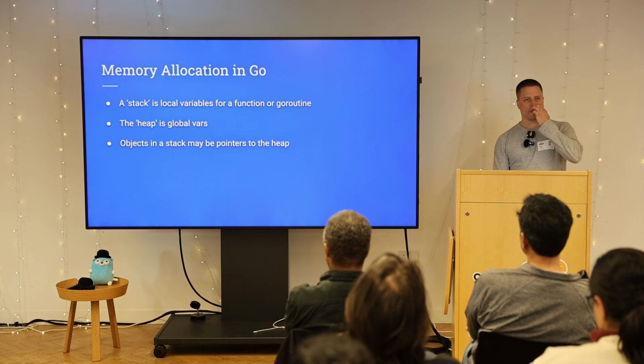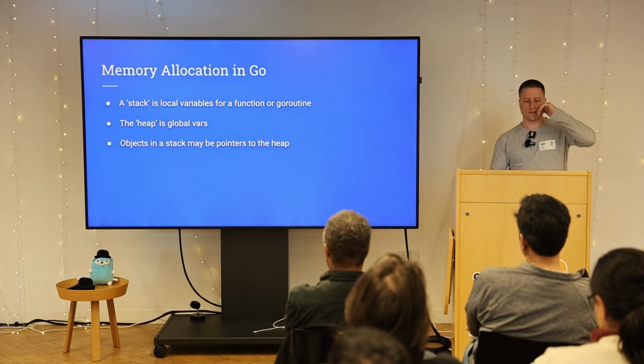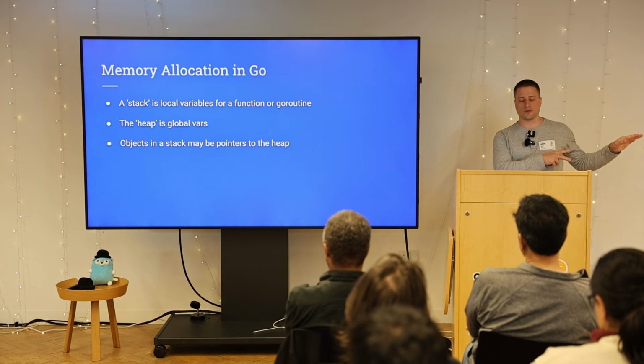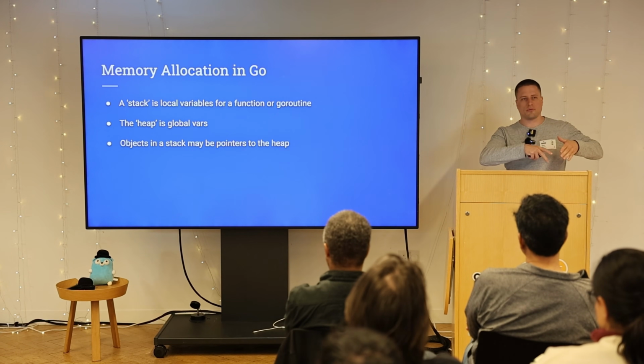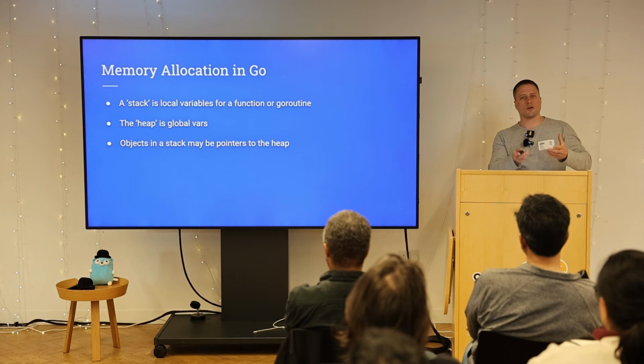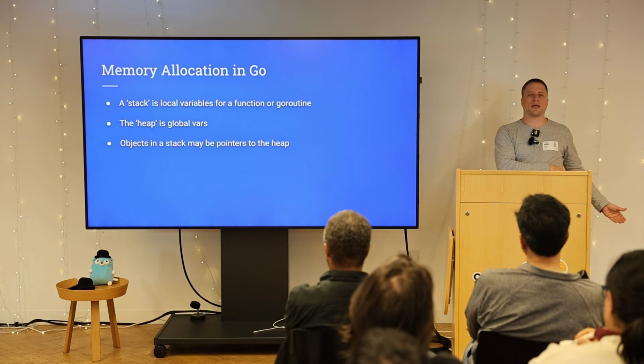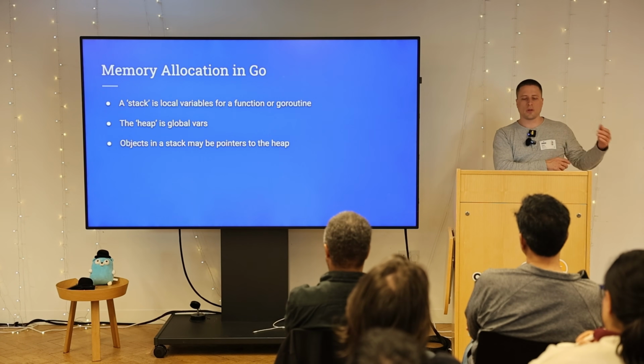So in terms of the way the memory allocation works, a stack is local variables for a function or a goroutine. But the heap, if you were to create a global variable in Go, or a package level variable, then it would go in the heap. Objects in the stack may be pointers to the heap.